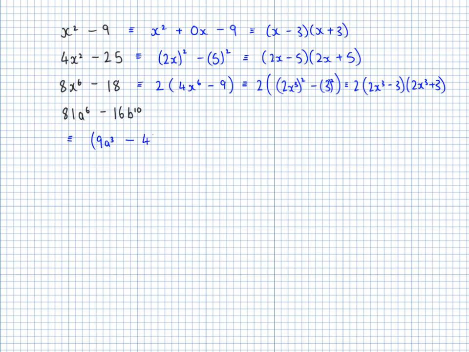So take away 4b to the power of 5. And I know in the other bracket I need to have 9a cubed plus 4b to the power of 5. Just check: 9a cubed times 9a cubed does give me 81a to the power of 6. Negative 4b to the power of 5 times positive 4b to the power of 5 will give me negative 16b to the 10, and the middle terms will cancel.